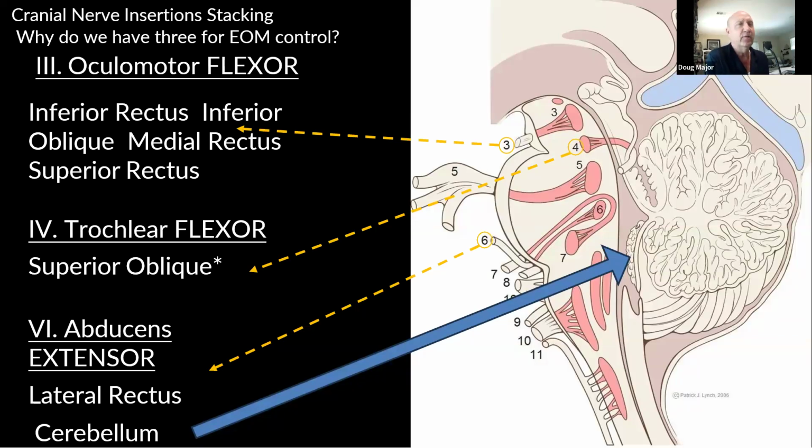Why do we need three areas of motor direction? Of course, the 3, 4 with the trochlea, and 6, the abducens. You think about that as we look at where they're located. The trochlea is the flexor, and the one down really low, number 6, the abducens, is the extender. And of course, that's connected with the cerebellum, which is also an extender system.